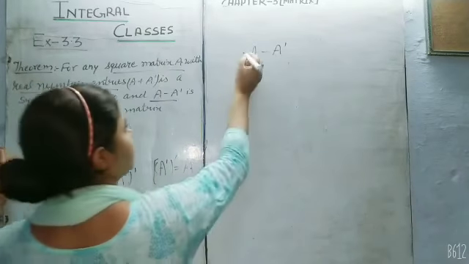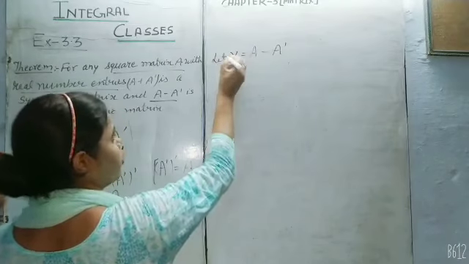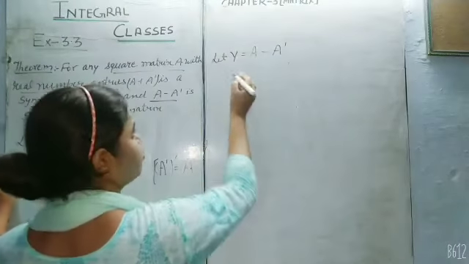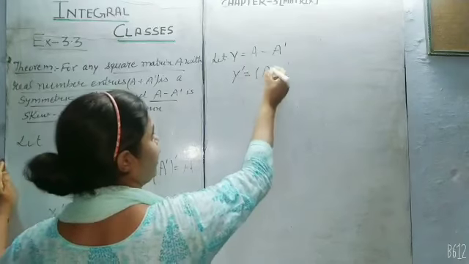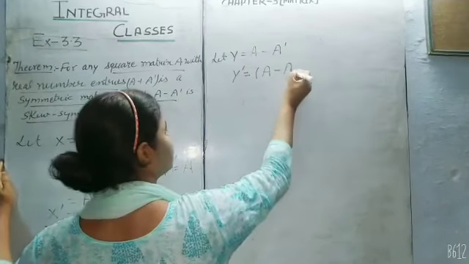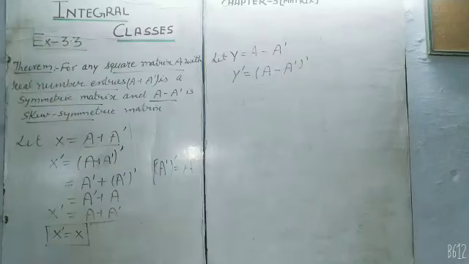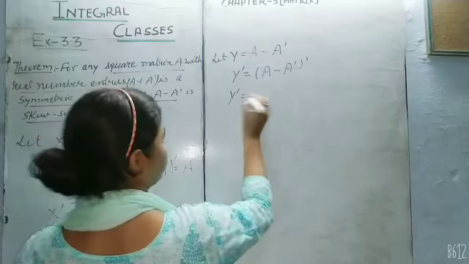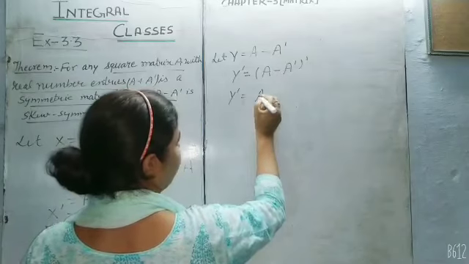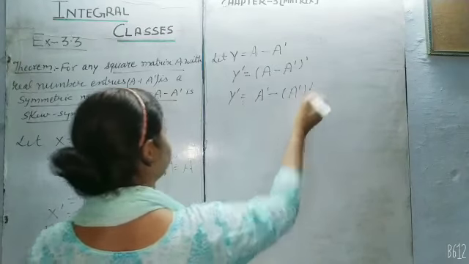So first again we let it be Y. Now take the transpose of both sides, it becomes Y transpose equals (A minus A transpose) transpose. Then Y transpose equals, opening the transpose, A transpose minus A transpose transpose.